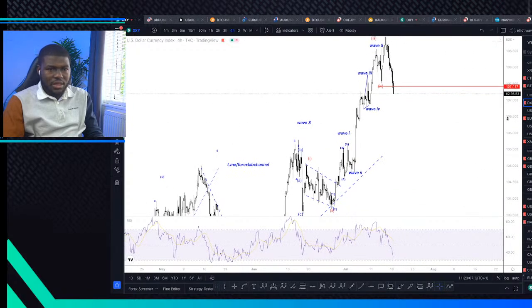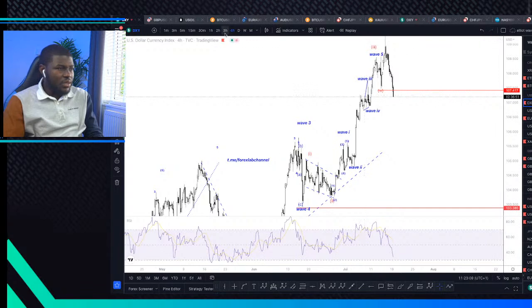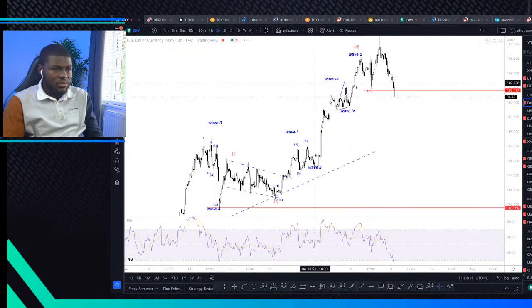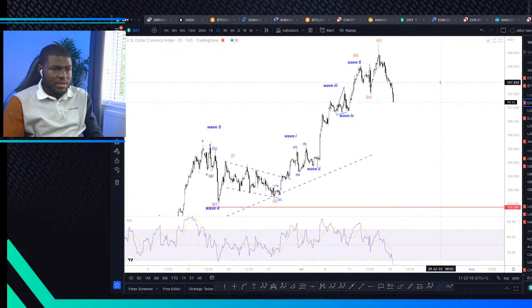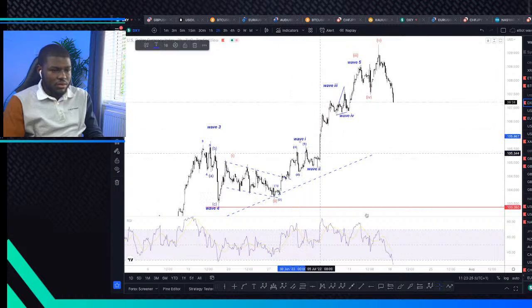For those that have been following me for quite some time now, you know I did analysis on the USD index, and it's a sell. That's what I analyzed. Starting from this very low, this is wave 1, this is wave 2. The whole of this is another wave 1. From this low to this high is another wave 1. Then the correction from here down here is wave 2.